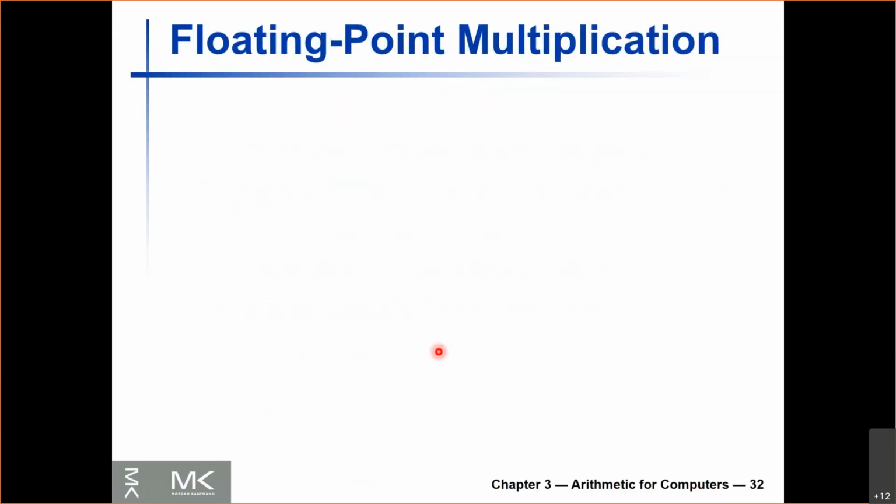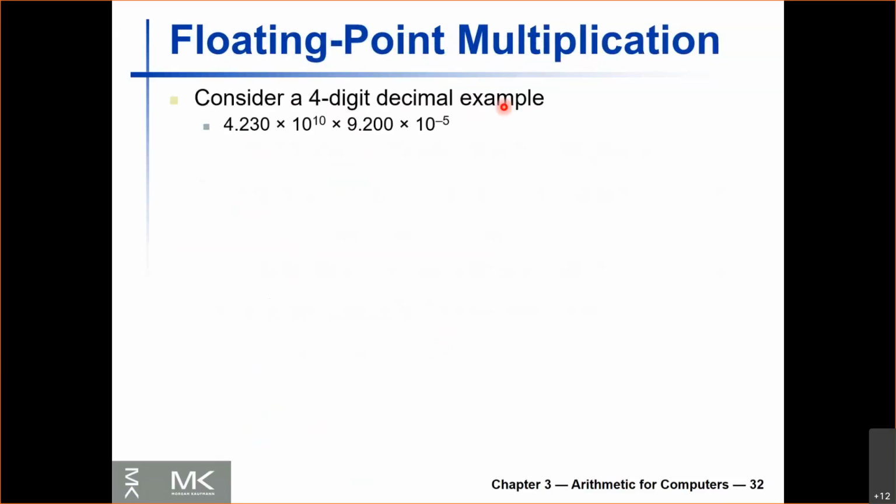Okay, let's quickly talk about floating point multiplication. I'm not going to cover hardware, but I'm going to walk you through the steps of floating point multiplication. In decimal, if we want to multiply two numbers, what do we do? Do I need to align if I'm multiplying?